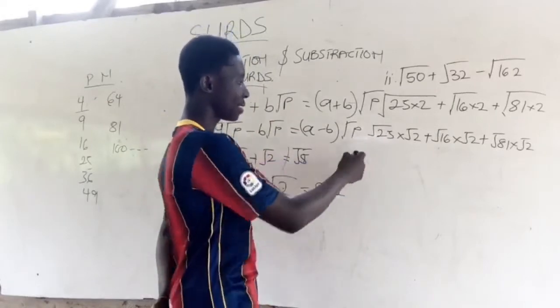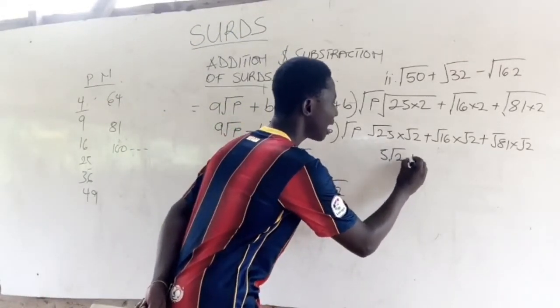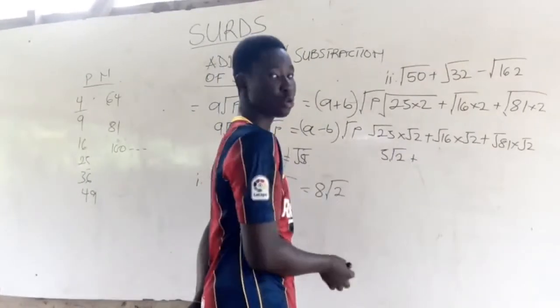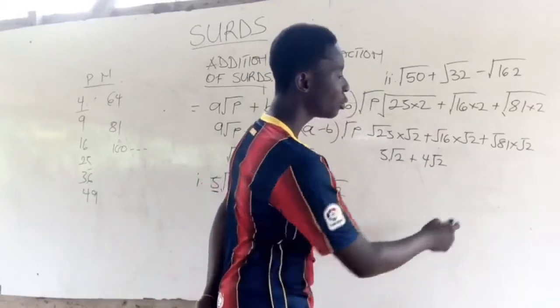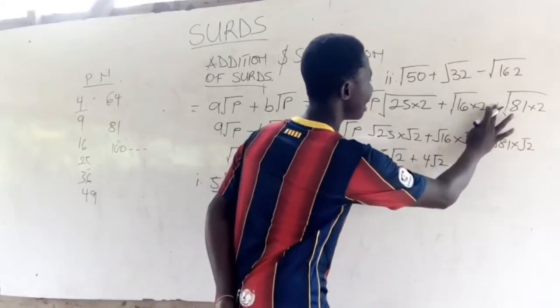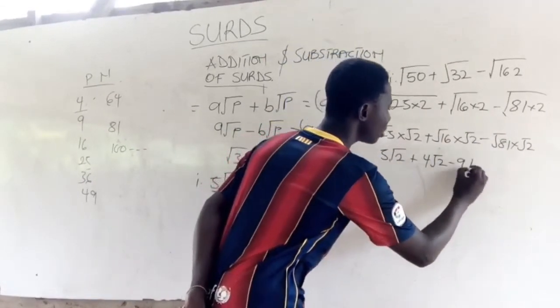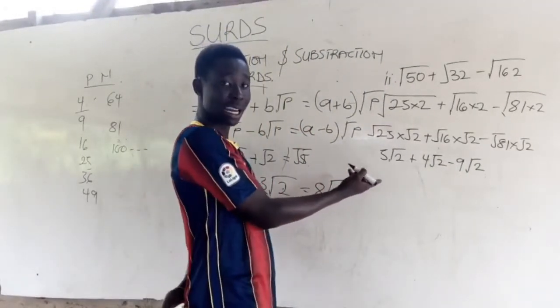Now root 25 is 5, so 5 times root 2, 5 root 2, plus root 16 is 4, 4 times root 2, I'm going to get 4 root 2, then root 81 is 9. Is it minus? Here is minus, minus 9 root 2. So from here, they look alike now.